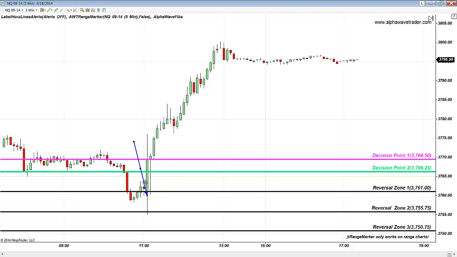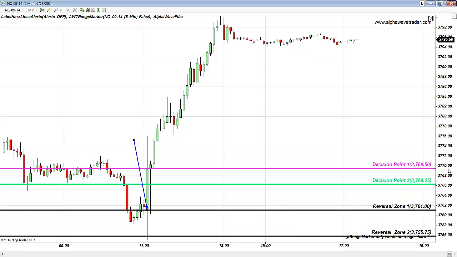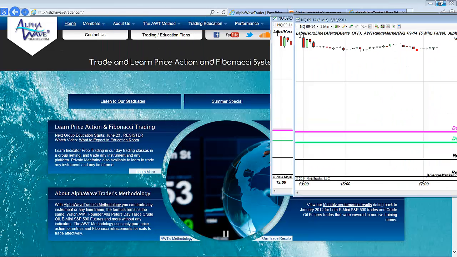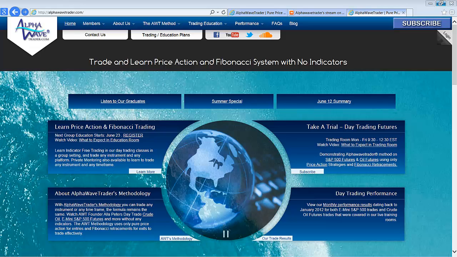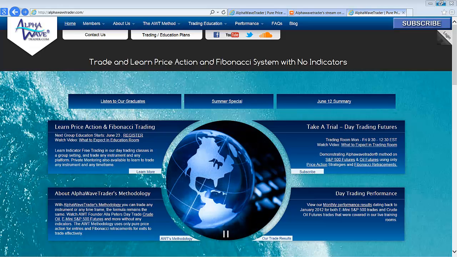This was a beautiful point of re-entry after the very powerful and very volatile move. And pay attention to how much price respected reversal zone upon retracement. And let's take a look and let's see where Nasdaq is to the upside on the 5-minute chart. Shall we?